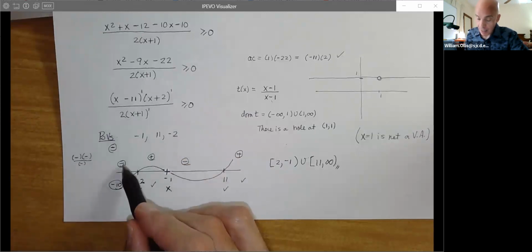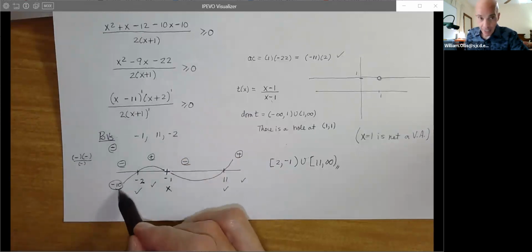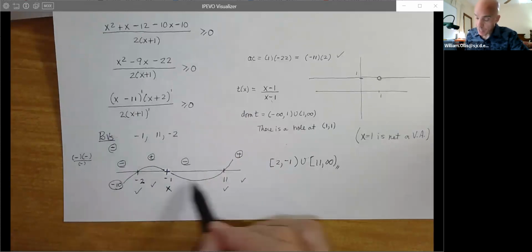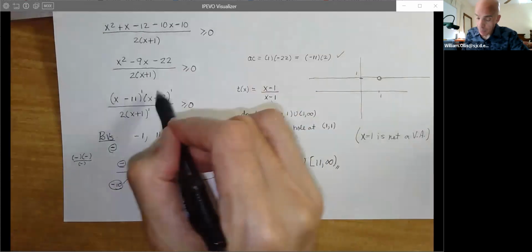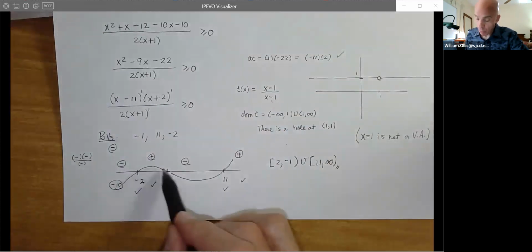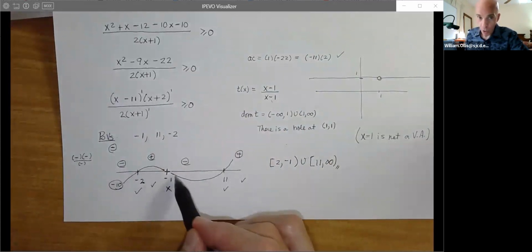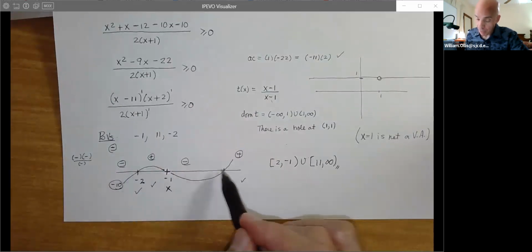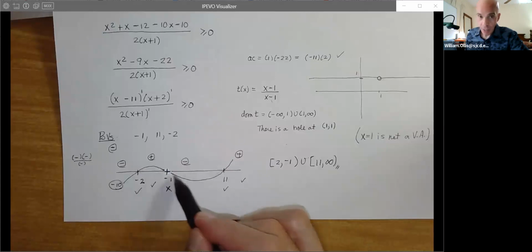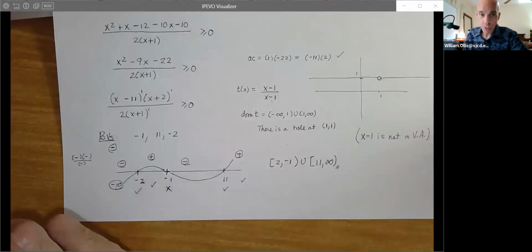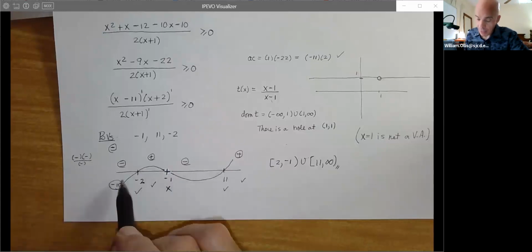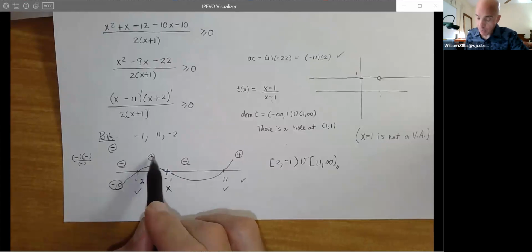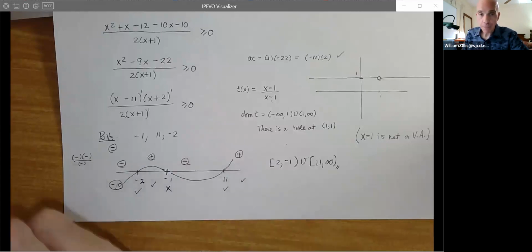So the idea is that now we have negative below the x-axis, so to speak, and then at all of these zeros, we have odd multiplicity. So the sign would have to change. Of course, here we don't cross, but we cross at negative 2, and we cross at 11, and then we just change sign when we think about the vertical asymptote. So again, negative, positive, negative, positive.